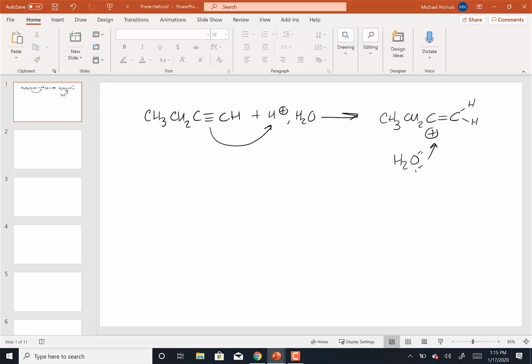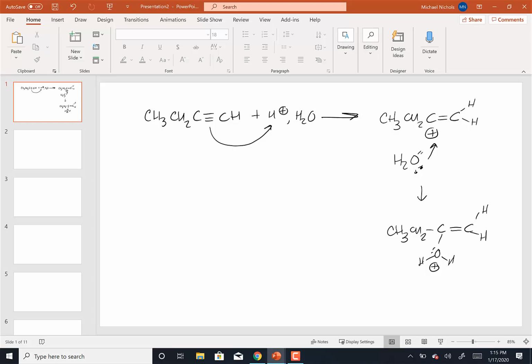H2O is going to come in and add the whole water molecule, just like we did last semester. We do not break up water.